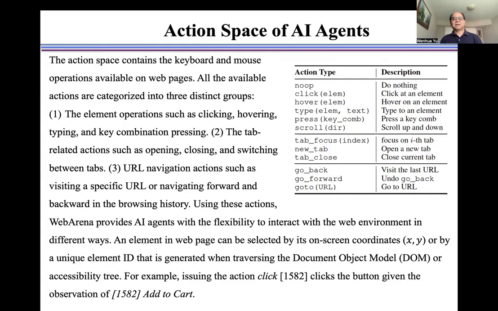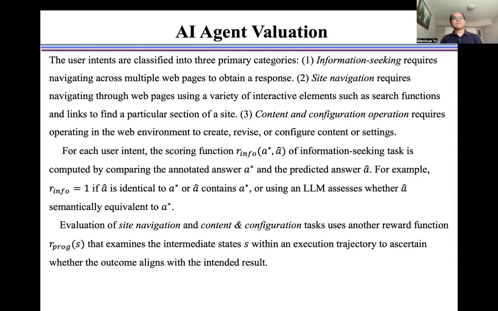An element in a web page can be selected by its on-screen coordinates X, Y, or by a unique element ID that is generated when traversing the document object model or accessibility tree. For example, the action click 1582 clicks the button, given the observation of 1582 add to cart.